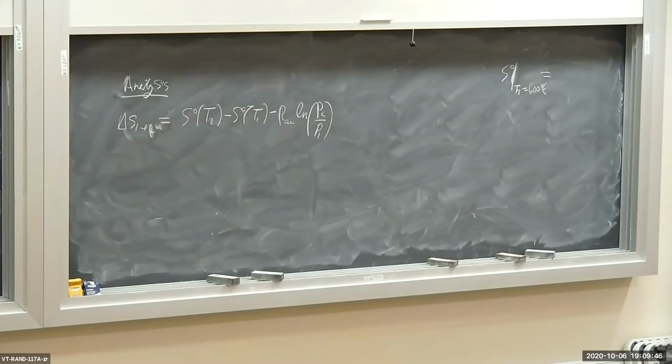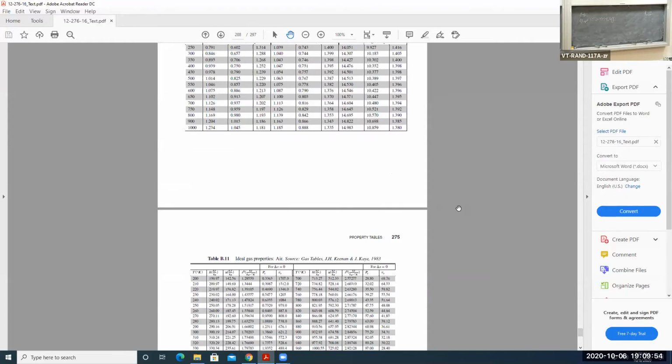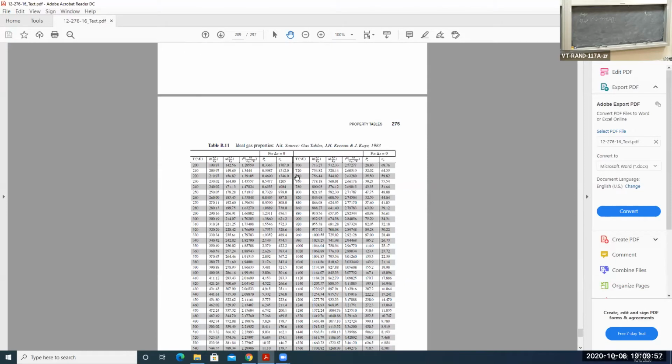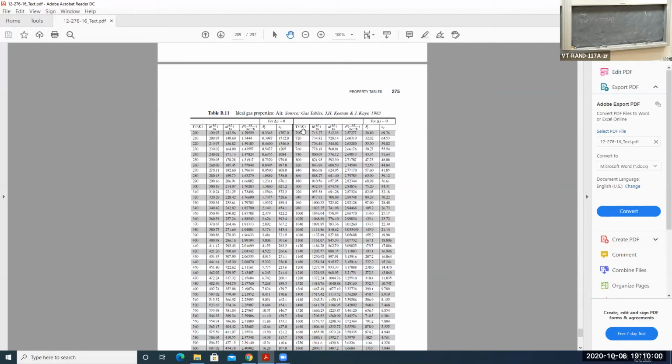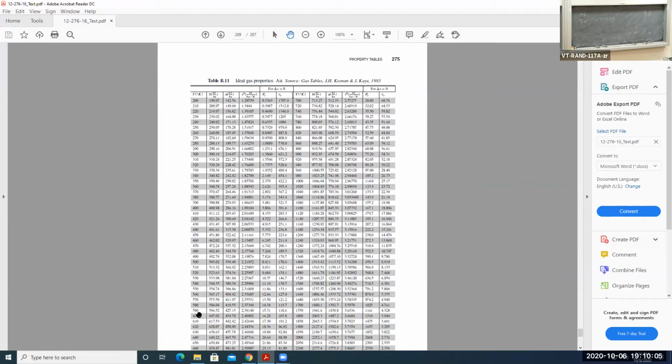Let's see here. So IGB, ideal gas properties, air. Temperature, H, U, S naught, 600 degrees: 2.409 kilojoules per kilogram degree Kelvin.